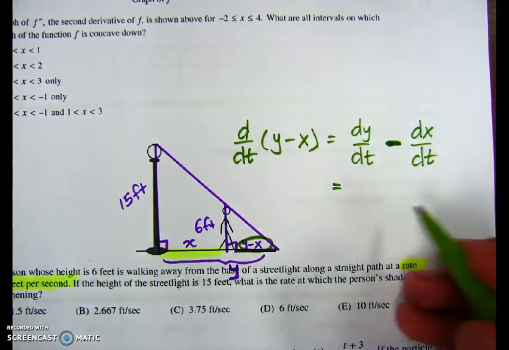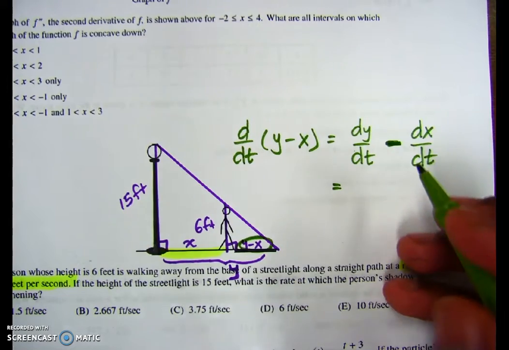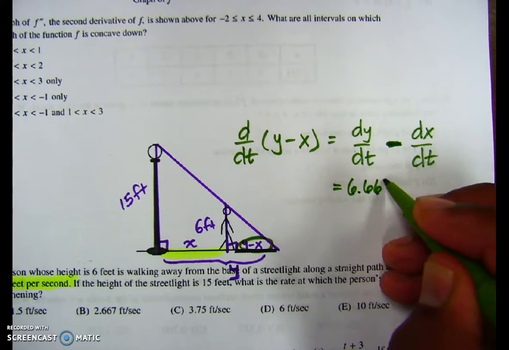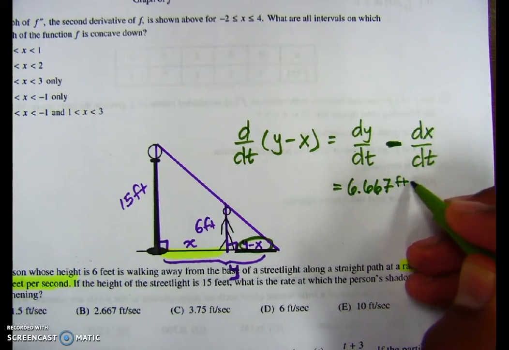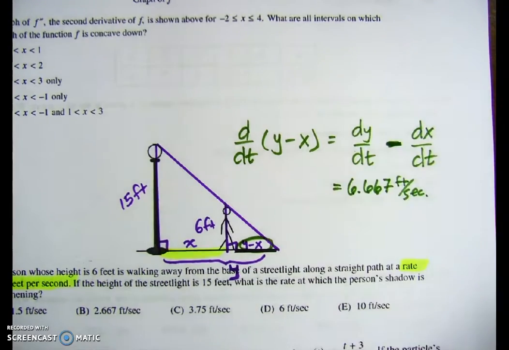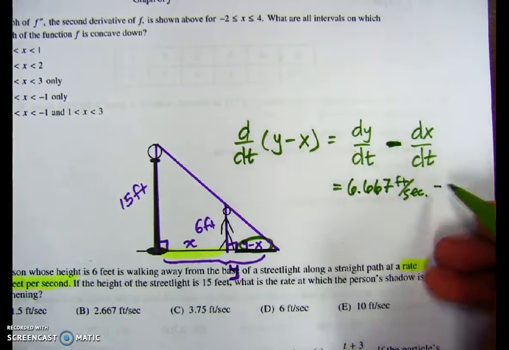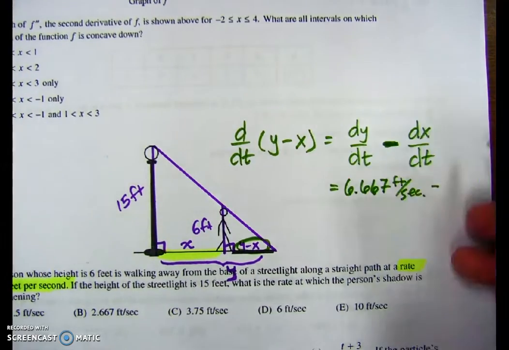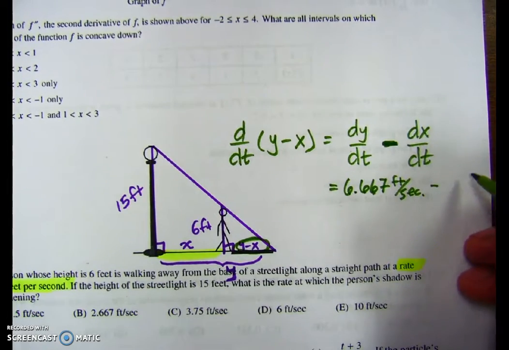That came out to be 6.667 feet per second, minus the 4, which was the dx dt, the 4 feet per second.